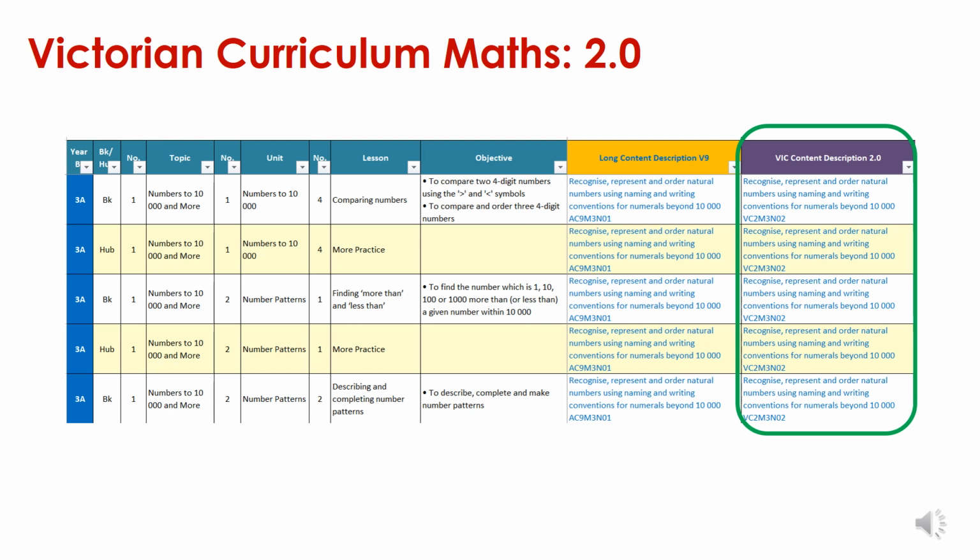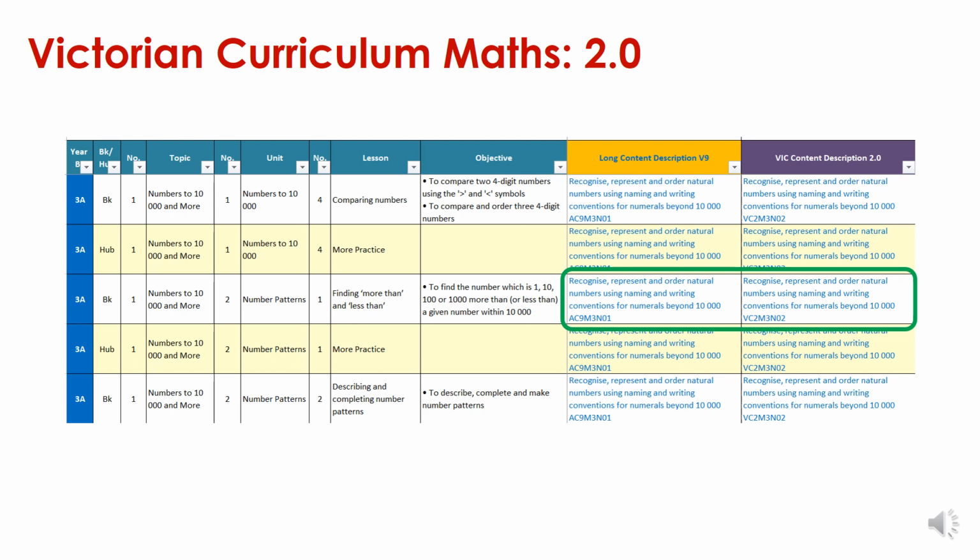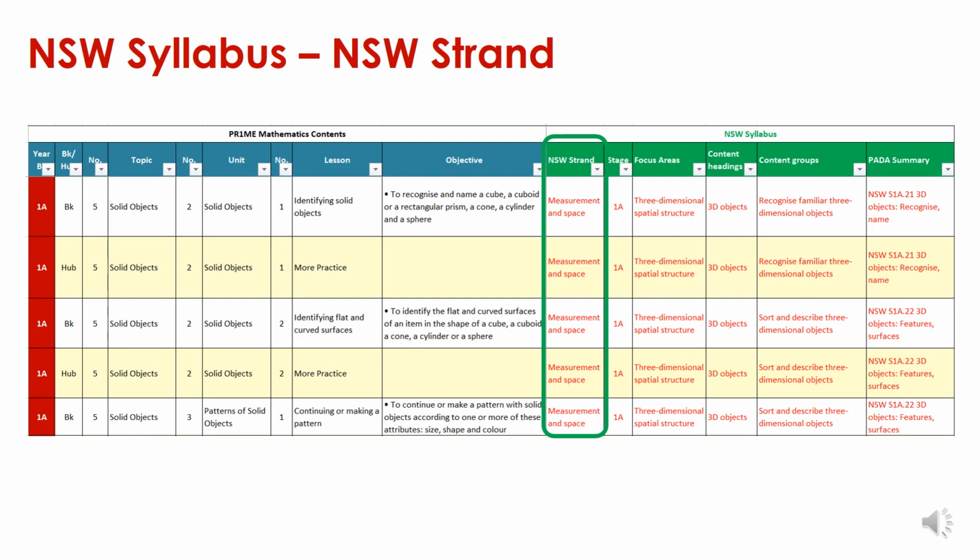Next to the Australian curriculum details are the content descriptions for the new Victorian curriculum. Most of the content descriptions for the Victorian curriculum are the same, although there are some changes to wording or codes. If you scroll further across, there are the New South Wales syllabus references. First, the New South Wales strands.